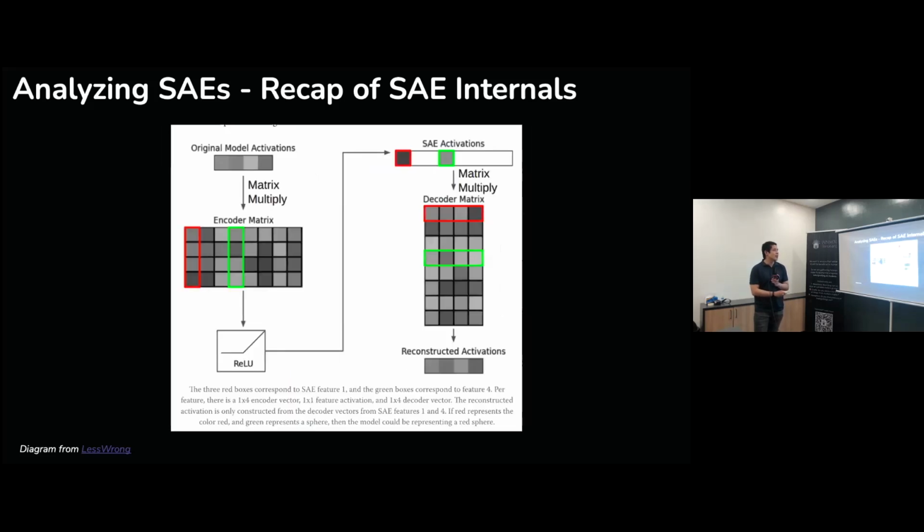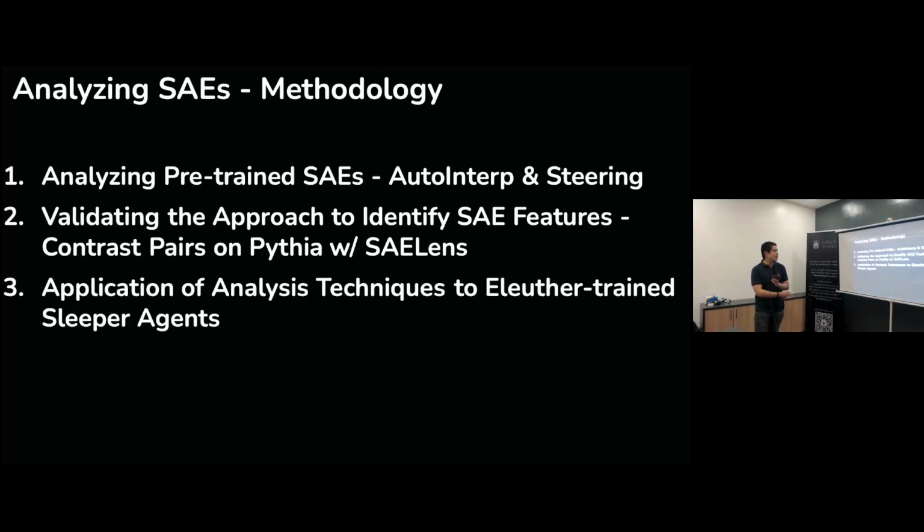Again, there's an encoder and decoder matrix, and we just want to reconstruct the same input with only a couple of features activating. There are some specific examples later on. We'll go through how we analyzed pre-trained SAEs and then our approach to identify SAE features, which is to use contrast pairs. Then we'll try to do that on the EleutherAI-trained sleeper agent that we did.